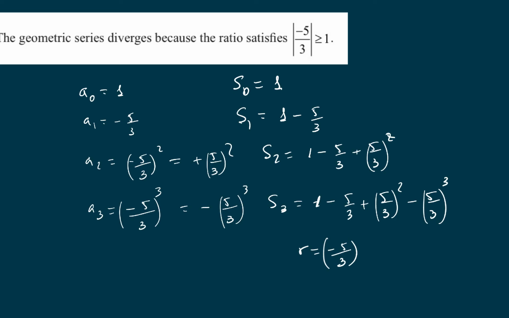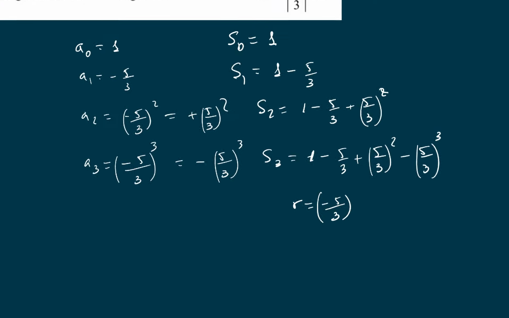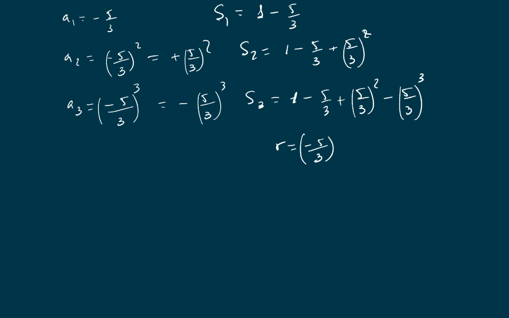We have learned from a geometric series that when the absolute value of r is less than 1, the geometric series converges. So it means that r is between 1 and minus 1.